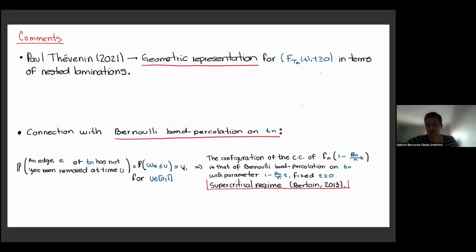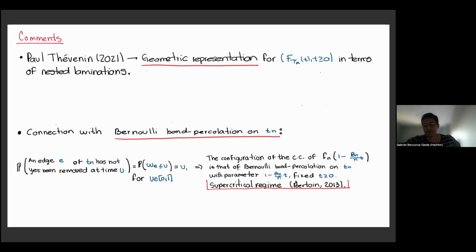This equals u because the weights are uniform. So the configuration of the connected components of the forest, in the specific time window I'm considering, is what one observes by performing Bernoulli bond percolation on the alpha stable Galton-Watson tree with parameter 1 minus Bn over n at some fixed time t.